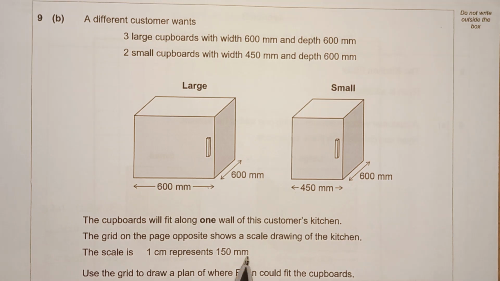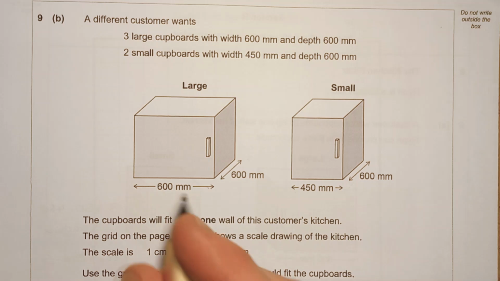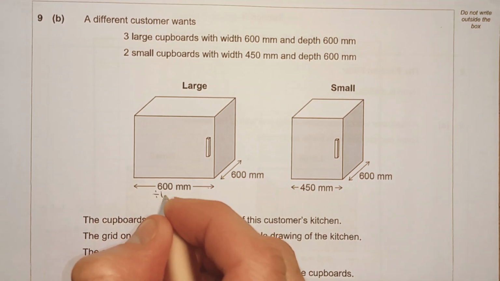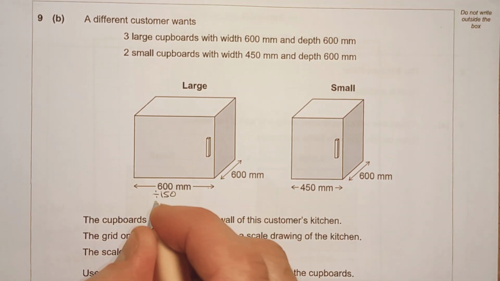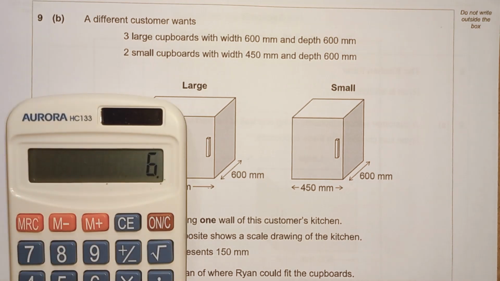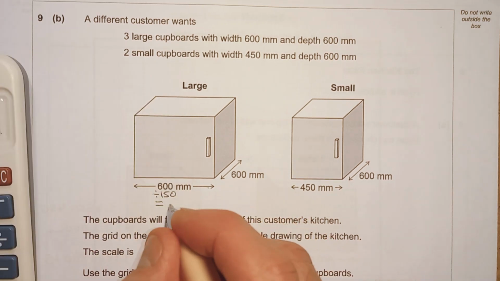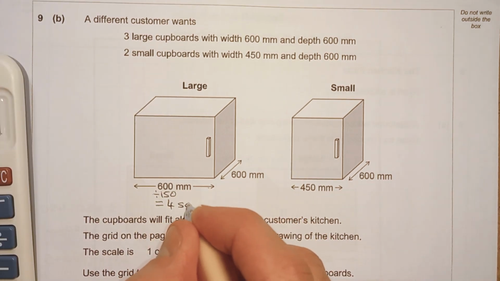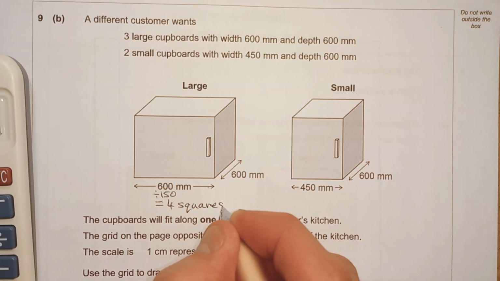So if 1 centimetre represents 150 millimetres, if we divide by 150, it's going to tell me how many centimetres or how many individual squares we're going to need on the grid. So 600 divided by 150 gives us 4, so we'll say 4 squares.